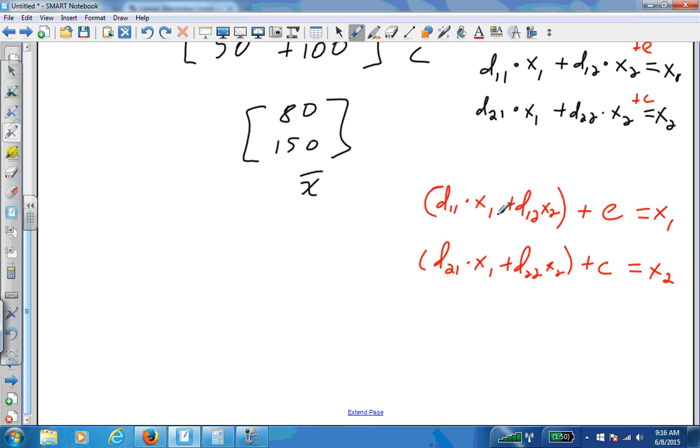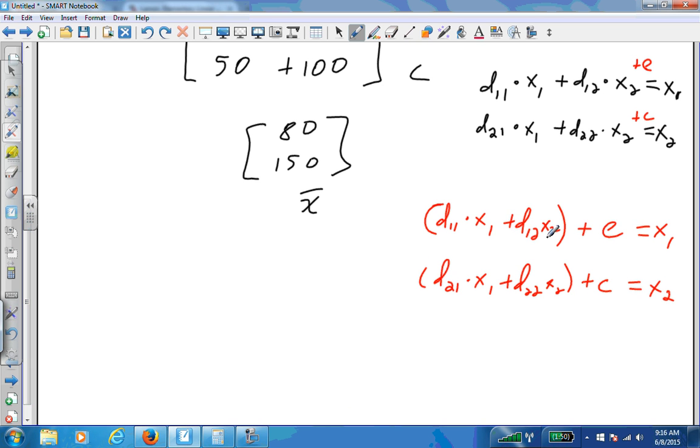So when we multiply our need matrix, our original x1, x2, by our demand matrix, that gives us how much demand the coal and electricity industry need internally. And then we add how much electricity is demanded by the outside world, and that'll give us how much total electricity is needed.